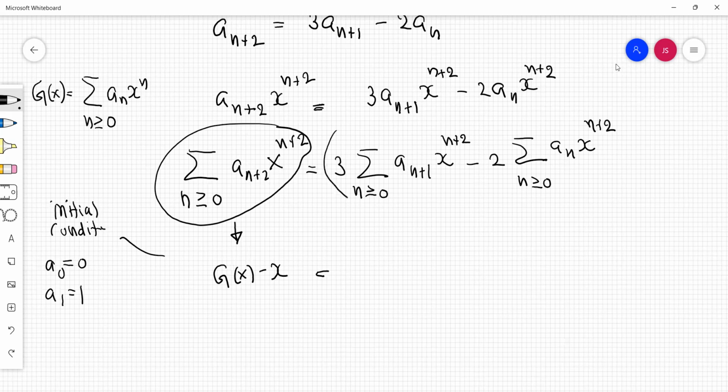And what is this? That's 3x times G(x). Yes, it is 3x times G(x).